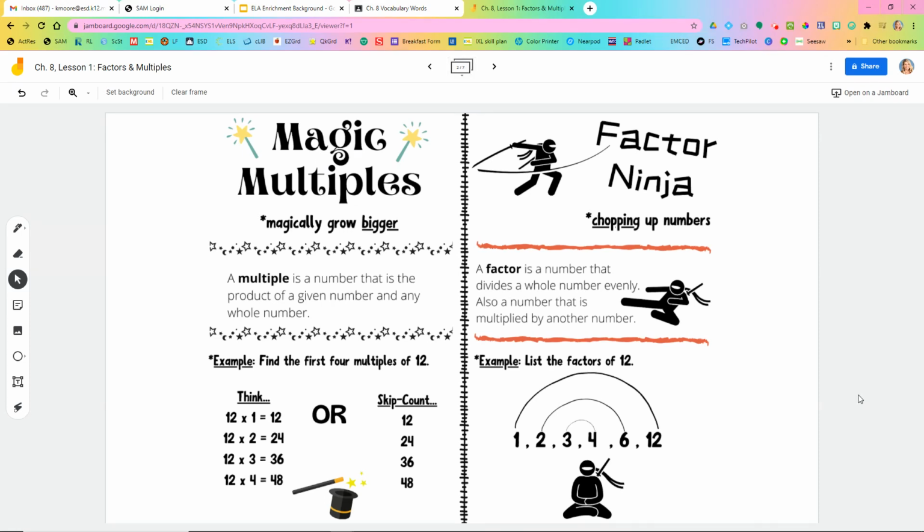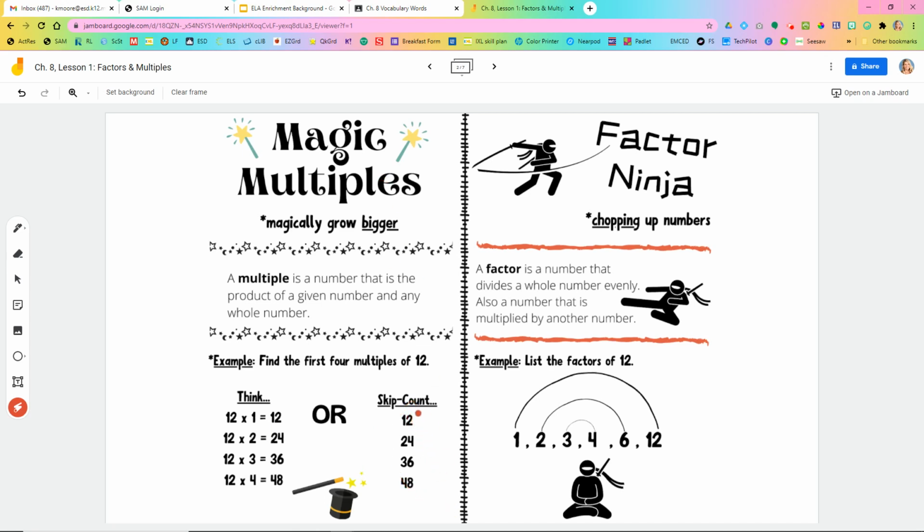All right, so magic multiples magically grow bigger. Remember that a multiple is a number that is the product of a given number and any whole number, kind of like skip counting. So with our multiples, if I ask you to find the first 4 multiples of 12, we would think of 12 times 1, 12 times 2, 12 times 3, 12 times 4. So here are my first 4 multiples: 12, 24, 36, and 48.